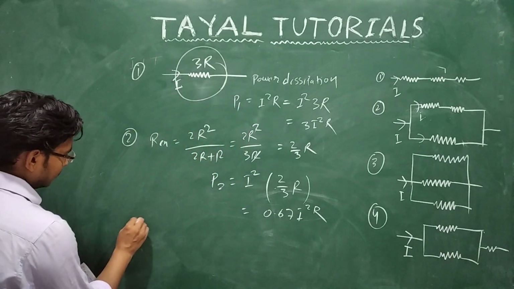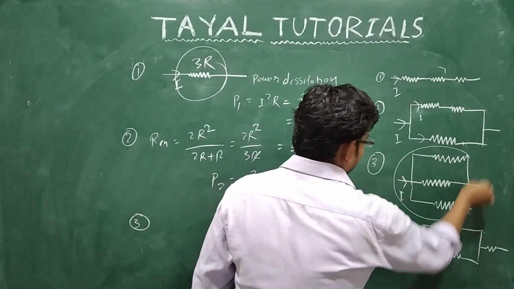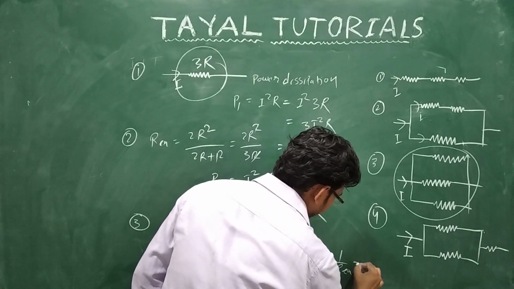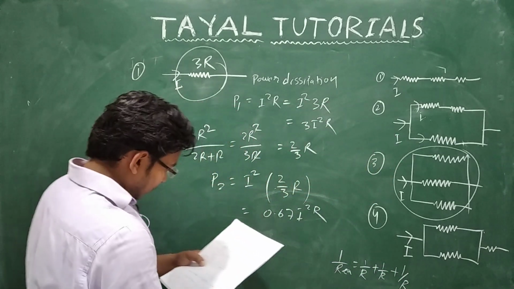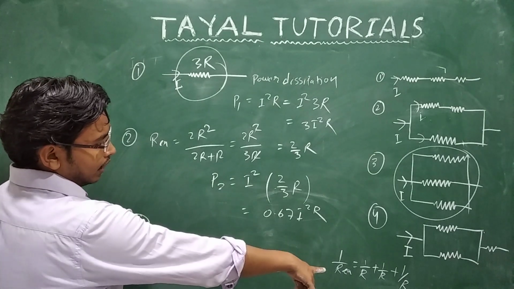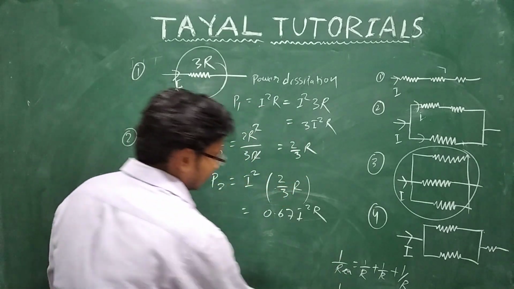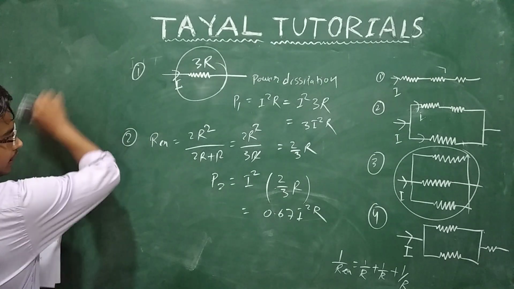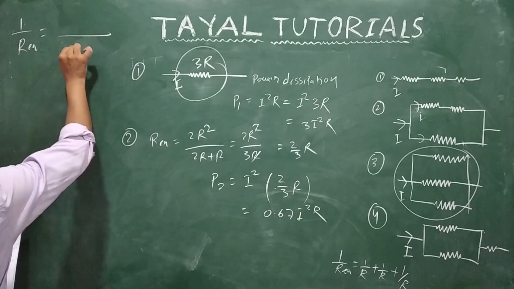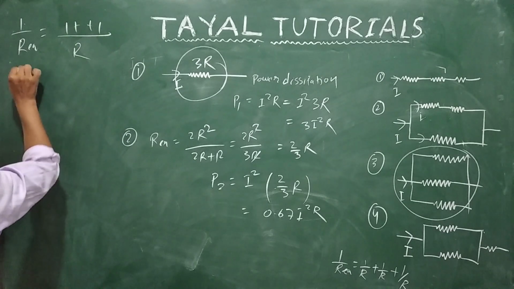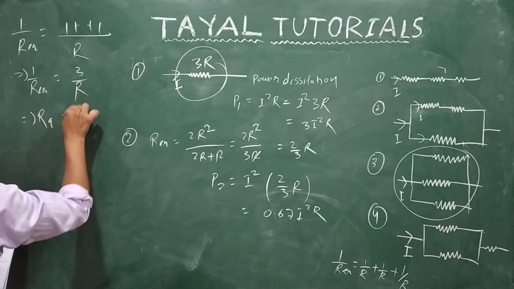Now for the third, the R equivalent can be calculated this way. 1 by R equivalent is equal to 1 by R plus 1 by R plus 1 by R. Taking R as the LCM, 1 plus 1 plus 1, 1 by R equivalent will be 3 by R. So R equivalent will be R by 3.